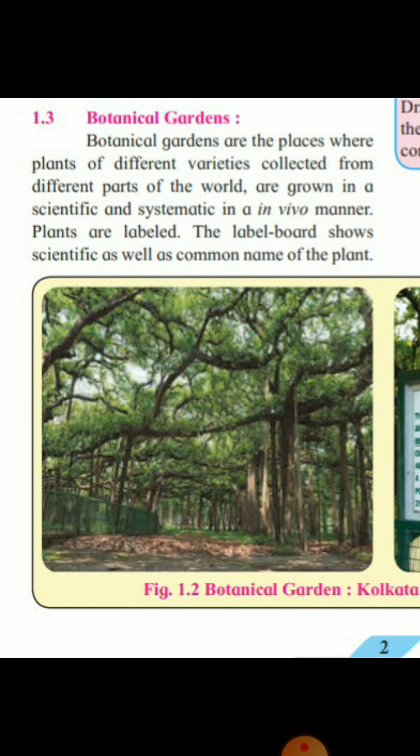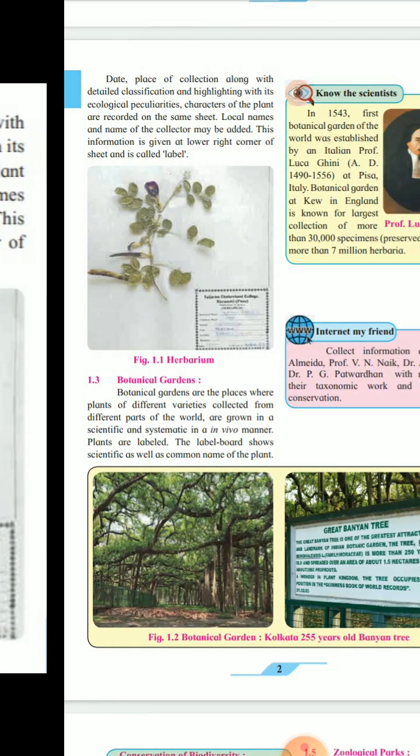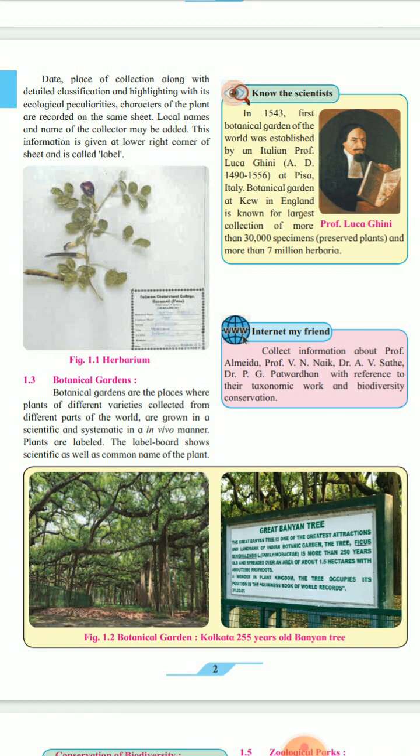So here you can see that this plant is the great banyan tree. This tree is the great banyan tree, Kolkata, 255 years old. Okay, and its information is given, and its botanical name is also given, that it is Ficus religiosa.